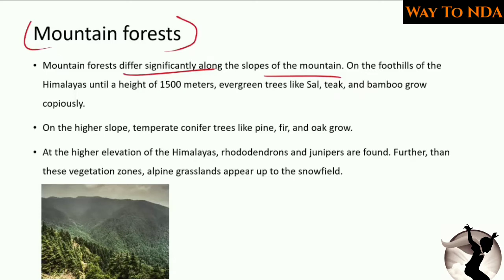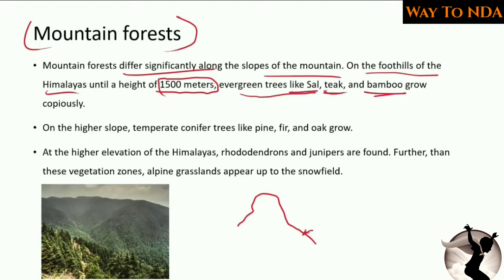Now on the foothills of the Himalayas, until a height of 1500 meters, you will find evergreen trees like sal, teak and bamboo. ठीक है, foothills में, up to 1500 meters तक आपको साल, टीक और बाम्बू टाइप ऑफ वेजिटेशन मिल जाएगा.